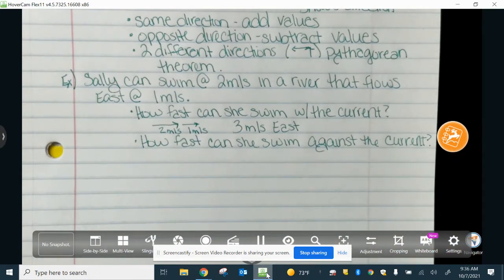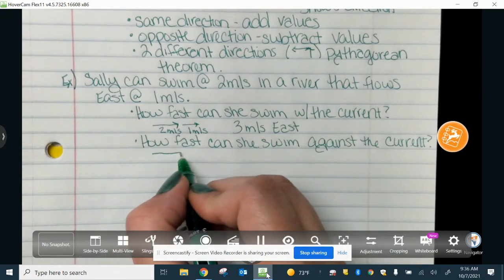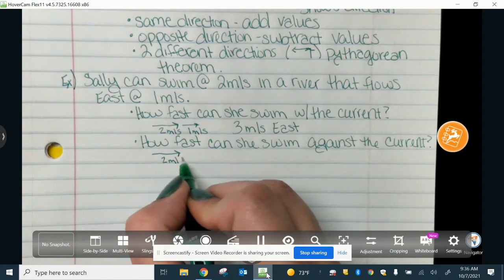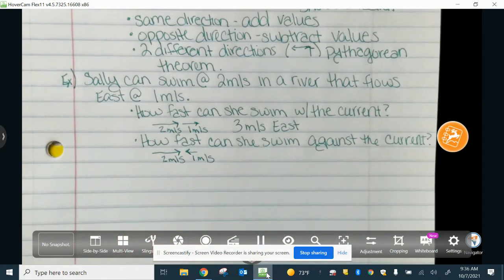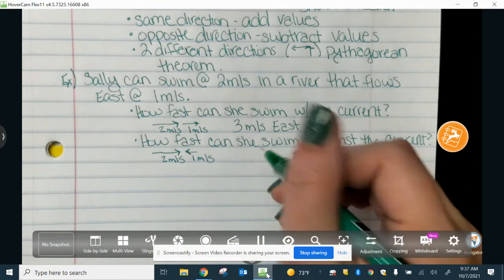So then how fast can she swim against the current? Because those vectors are in opposite directions, we subtract them.